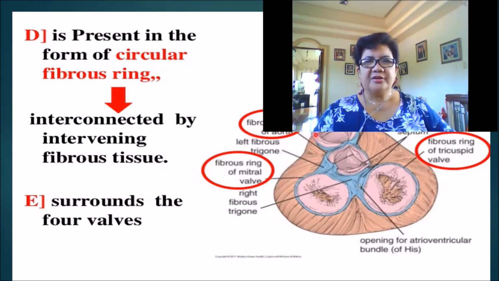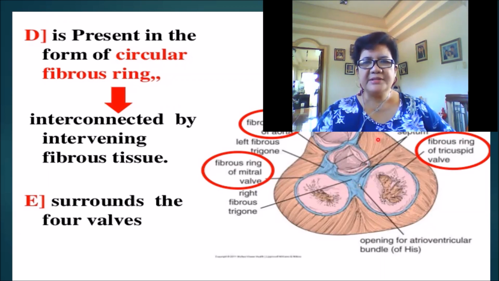Remember that the fibrous ring of the mitral valve will be the center, your right fibrous trigone here. All the other fibrous rings will be attached to your right fibrous ring, except for the membranous septum, which will only be attached to your right fibrous ring.